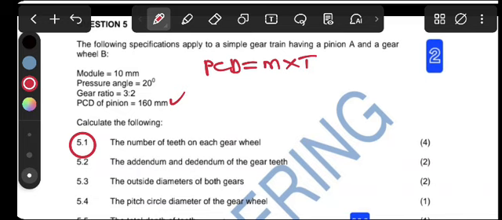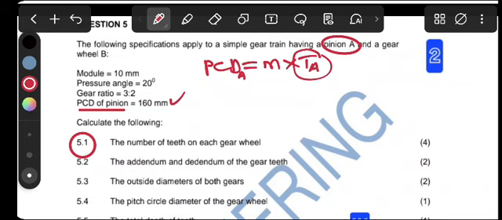We can say teeth of A, or it's up to you which teeth you prefer. We have the PCD of the pinion. Pinion is the one that is driving. Pinion is gear A. So this is the PCD of A.